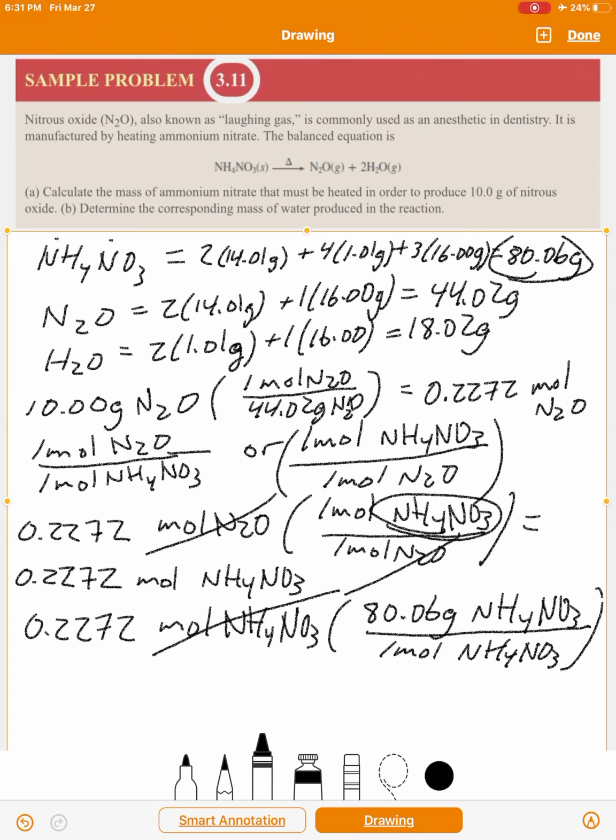All that's doing is converting it from moles to grams. So 0.2272 times 80.06, and it's 18.19.